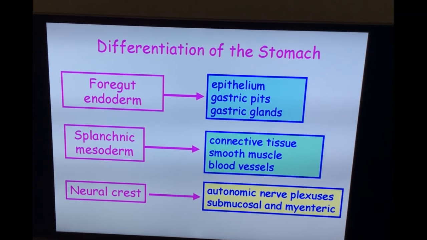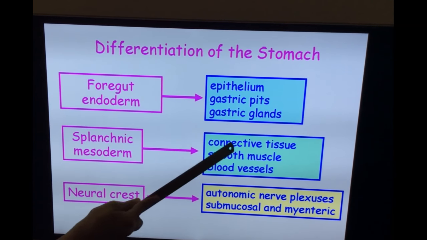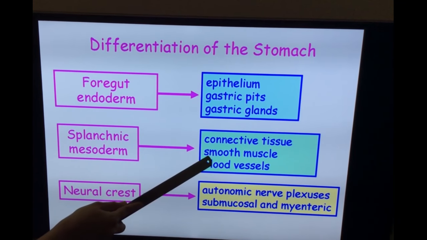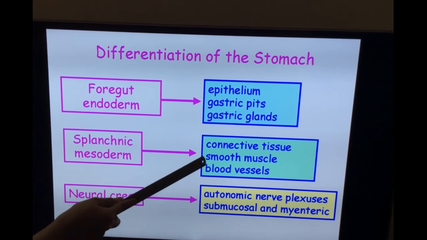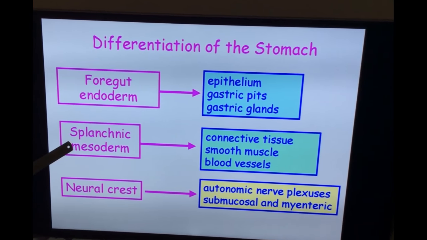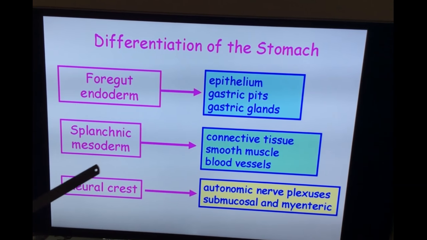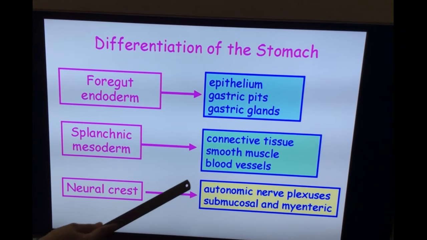Then the splanchnic mesoderm will give rise to the connective tissue, which is called the serosa. Then the smooth muscle, the muscularis interna and externa, and the blood vessels. All these structures are derived from the splanchnic intraembryonic mesoderm, and there is also a contribution from the neural crest cells, which give rise to the autonomic nerve plexus.